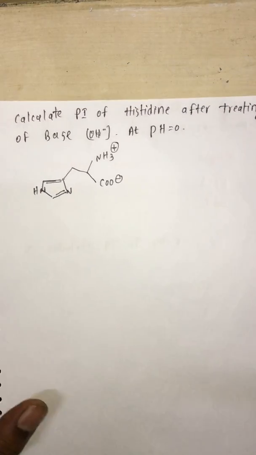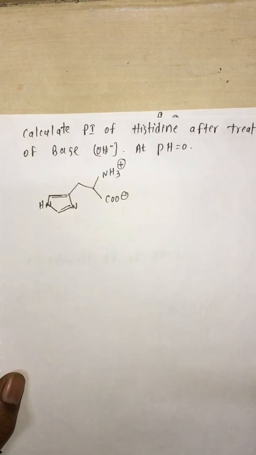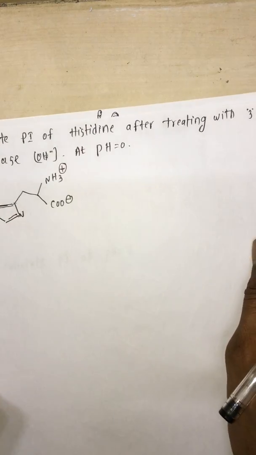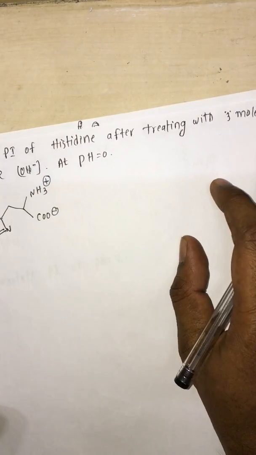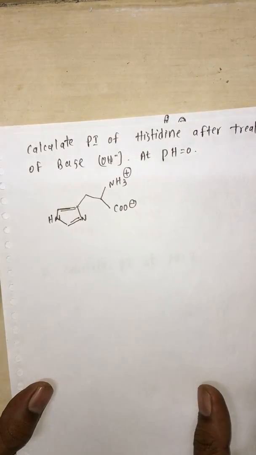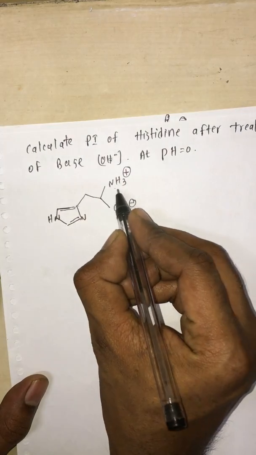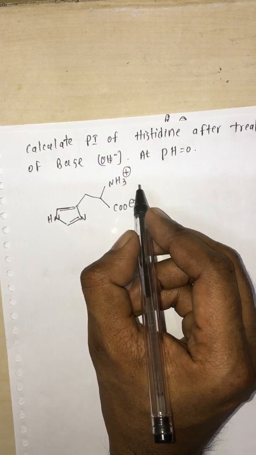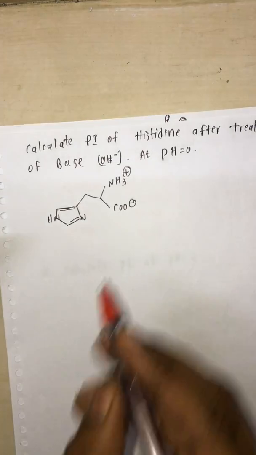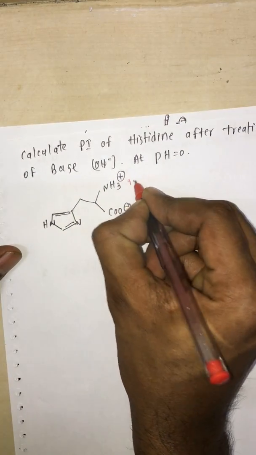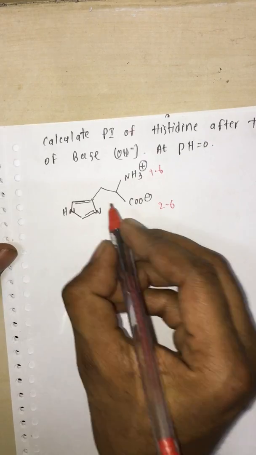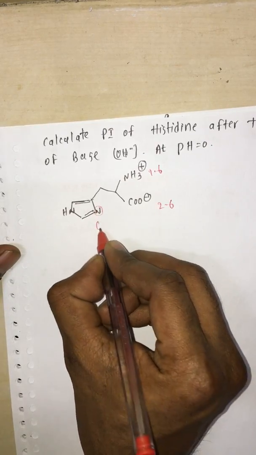Calculate the pI of histidine after treating with 3 moles of base OH- at pH 0. So we know that this pK is 9.6, this is 2.6, and this will be around 6.0.